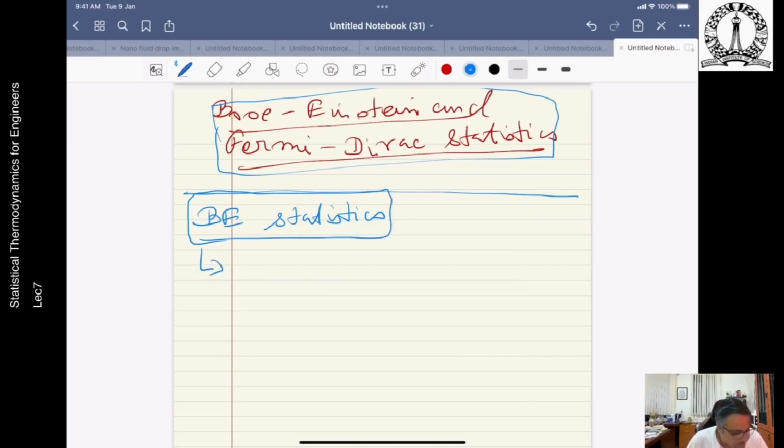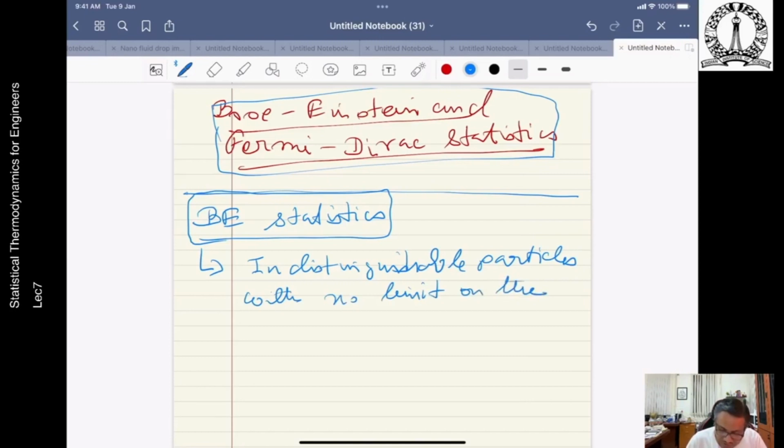The premise is indistinguishable particles with no limit on the number of particles per energy state.